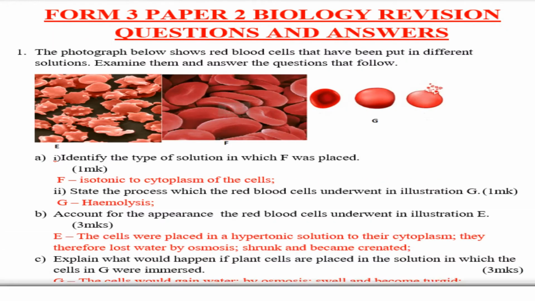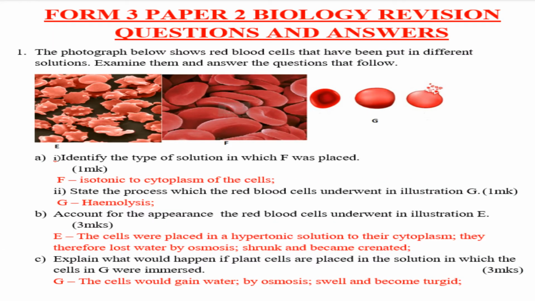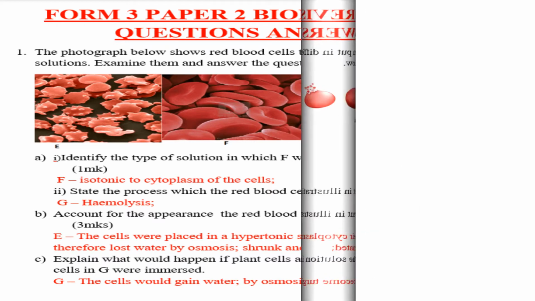What would the plant cell look like? The cell would gain water by osmosis, swell and become turgid. That is what will happen. G, you can see how the red blood cells were appearing.